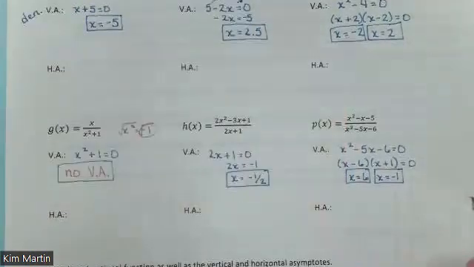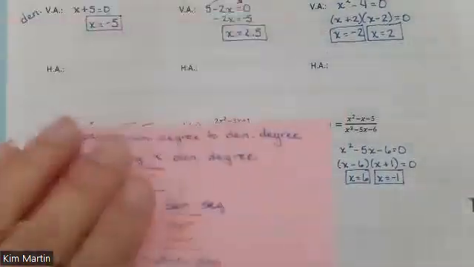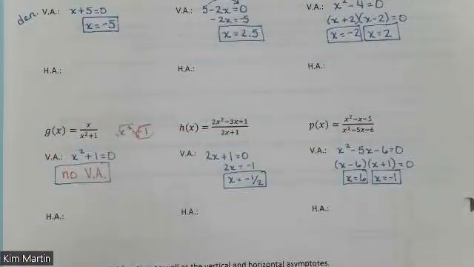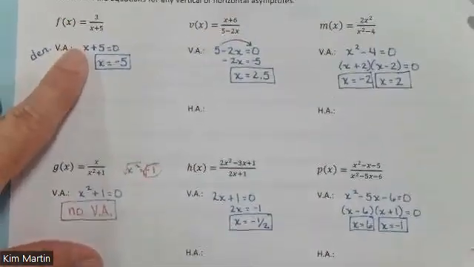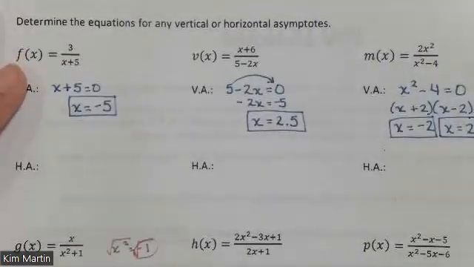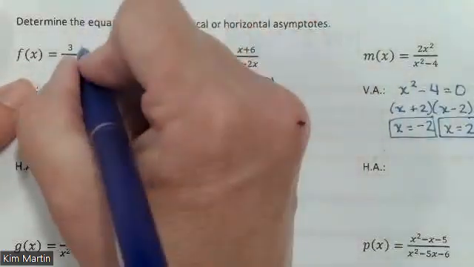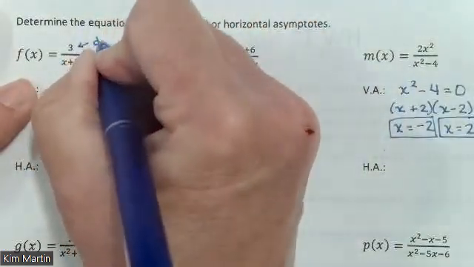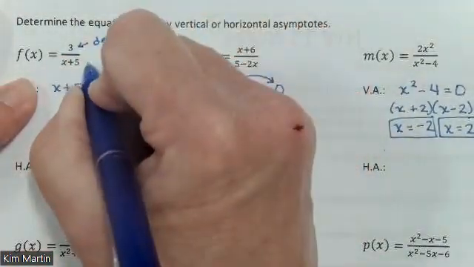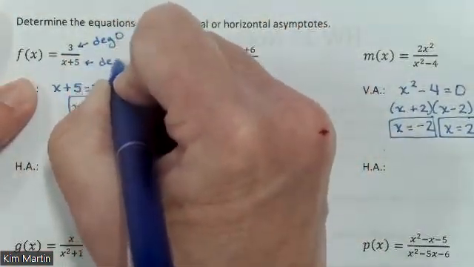So now I'm going to bring this back and we're going to use it. Here's what we're going to do. We're going to go up here and we're going to find the degrees. Right here, degree equals 0. Right here, my degree is 1.